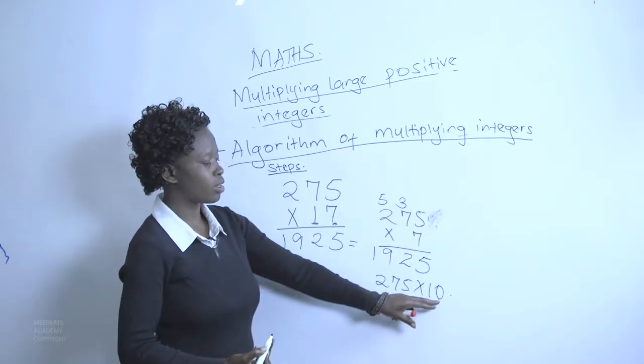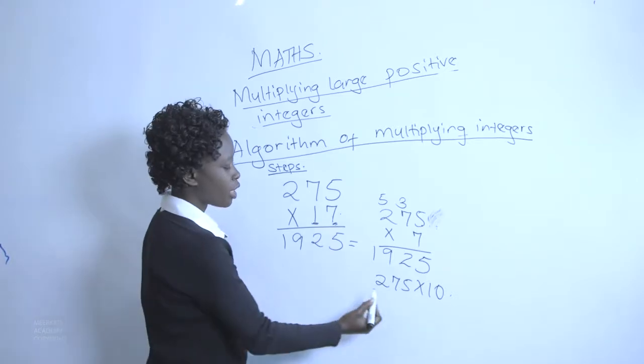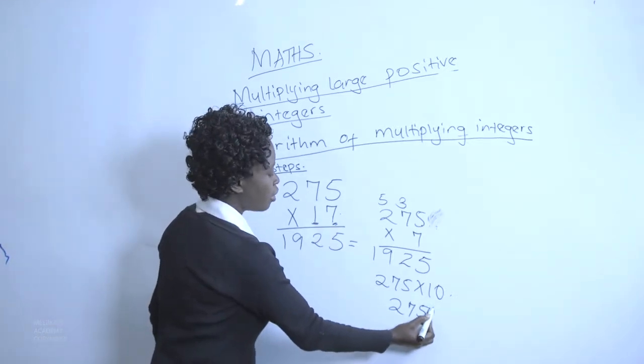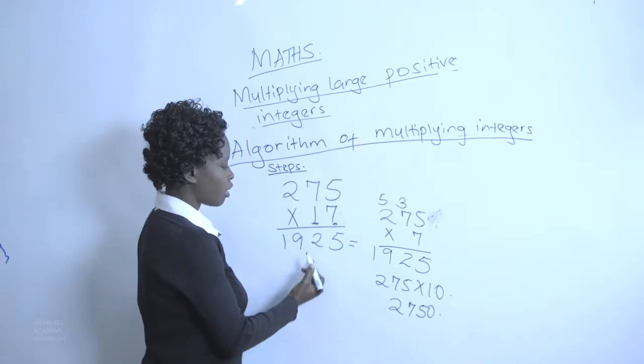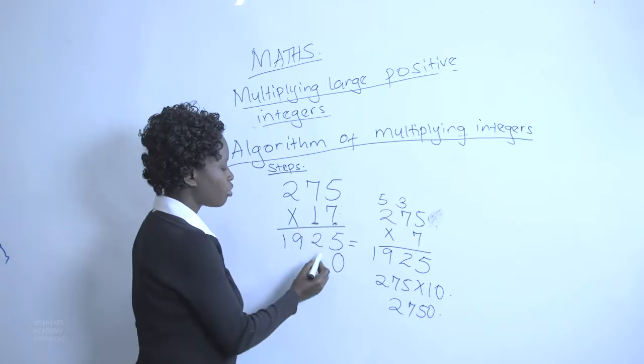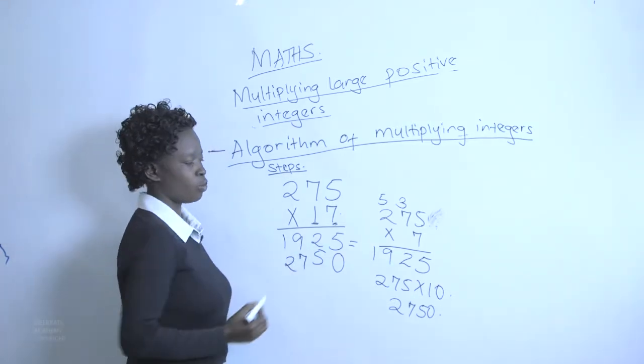So since this is a 10, we simply add a 0 on that. So we'll get 2,750. So we write it at this position so that our 0 starts from that point. We have 5, we have 7, then we have 2.